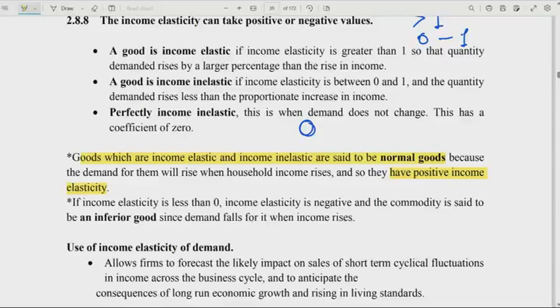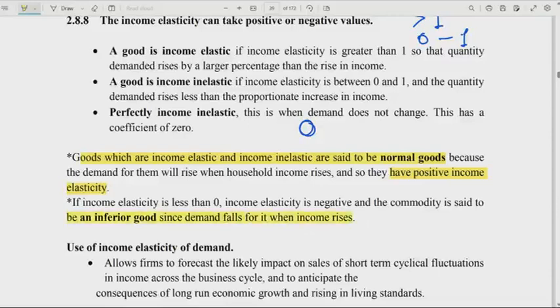Well, if income elasticity is less than zero, or negative, the commodity is said to be inferior, since the demand falls if the income rises.